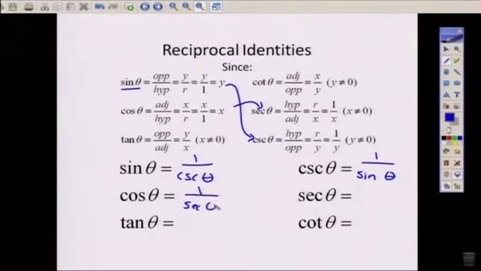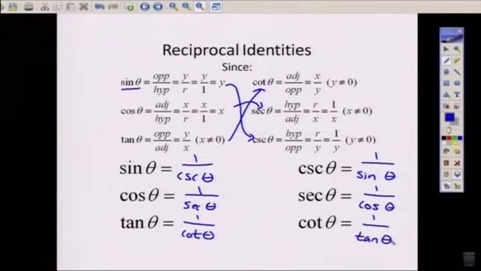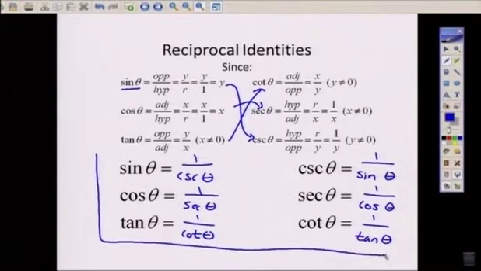So we know that cosine is equal to 1 over the value of secant theta, or secant theta is the reciprocal of cosine, so 1 over cosine theta. And then the last one, tangent, being opposite over adjacent, and cotangent, being adjacent over opposite, they are also reciprocals. So tangent is equal to 1 over cotangent theta, and cotangent is equal to 1 over tangent theta. So those are your 6 reciprocal identities.